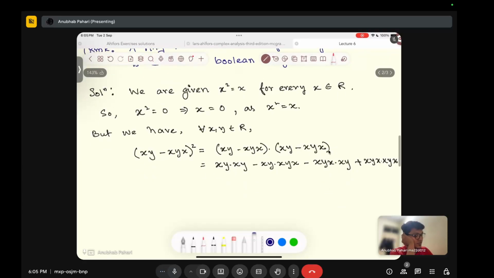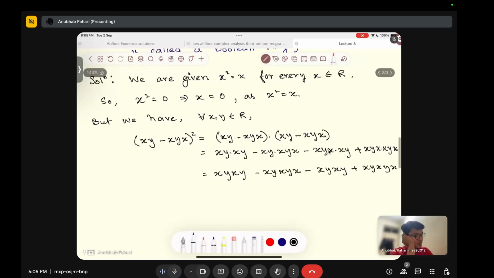So if I write this down, this would imply that xy minus xyx minus xyxy plus xyxyx. So you see that this cancels this and this cancels this, so this is 0.